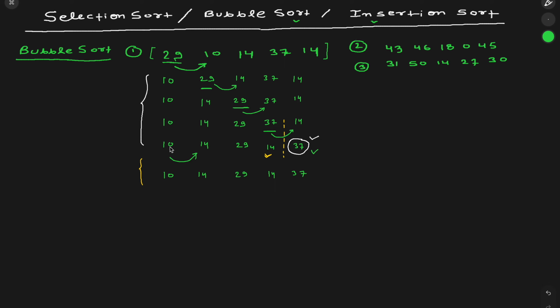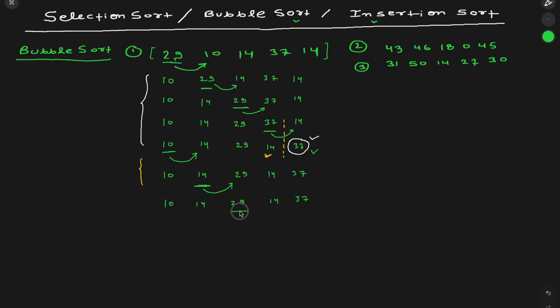So this is the check, we start the iteration. This one is already sorted, so it just moves on and checks against the next element. 29 is already greater than 14, so it will not do anything and will come directly here. 37 will be here.